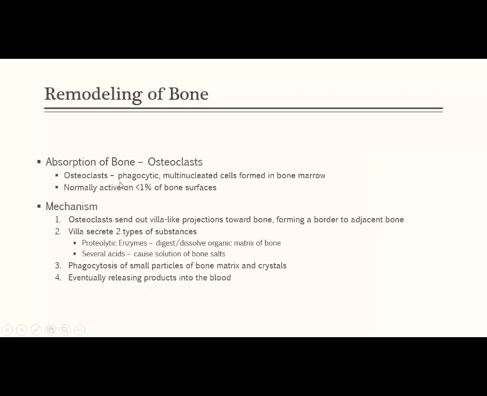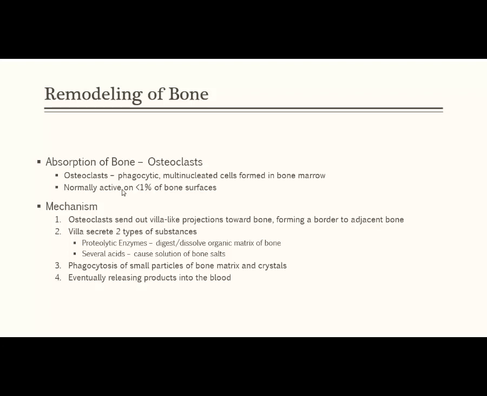So the osteoclasts are phagocytic. They're cells that eat, and they have multiple nuclei. They are formed in the bone marrow, and they're active in an adult about 1% of the surfaces of the bone.